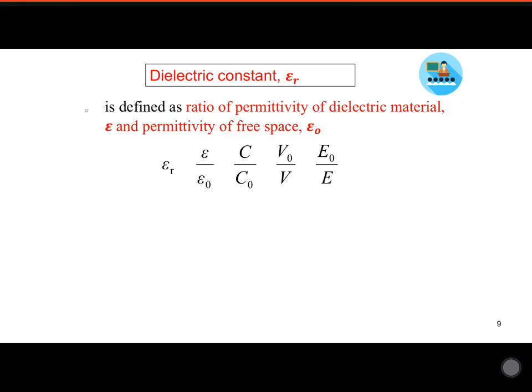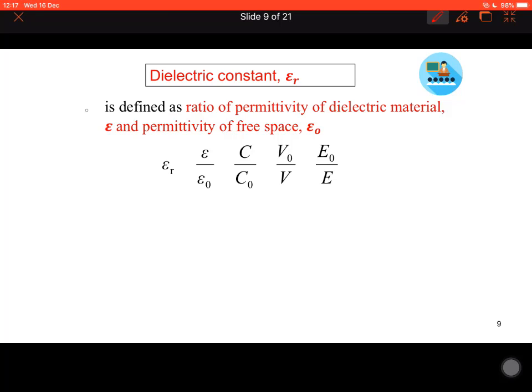So we have this equation: epsilon R is equal to epsilon over epsilon naught. This epsilon is the permittivity of the dielectric material, which you will be provided if you are given a certain material, and this is epsilon naught, the permittivity of free space, which is a constant value.